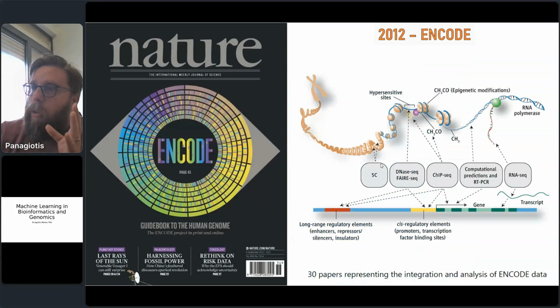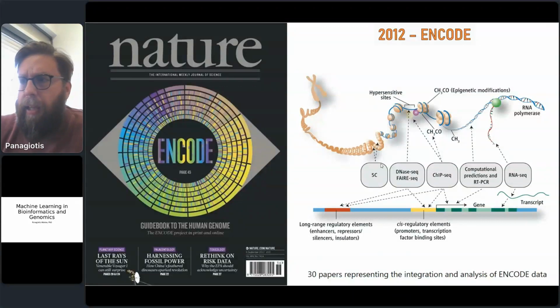A notable example is in 2012, a huge project called ENCODE, where again labs from all over the world came together, took the human genome, and did as much annotation as was possible at the time. I don't remember the exact numbers, but I think it cost close to $1 billion overall, over years.